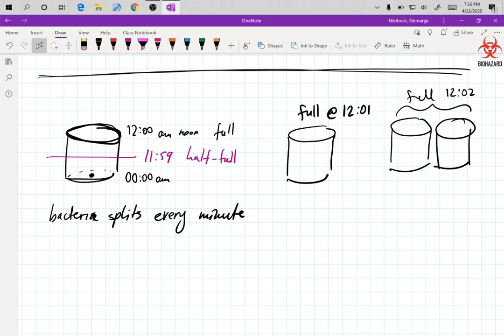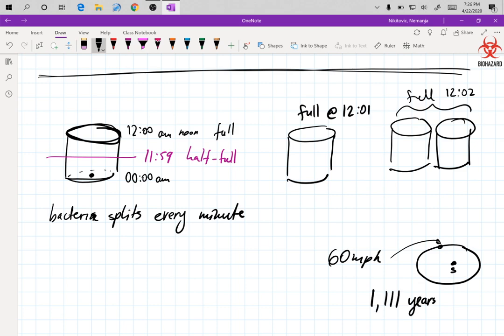If you were to take your car and drive 60 miles per hour on the orbit of the planet around the sun, it would take you over 1,000 years to go once around the sun. The planet does it in 1 year. This is how pathetic 60 miles per hour is.